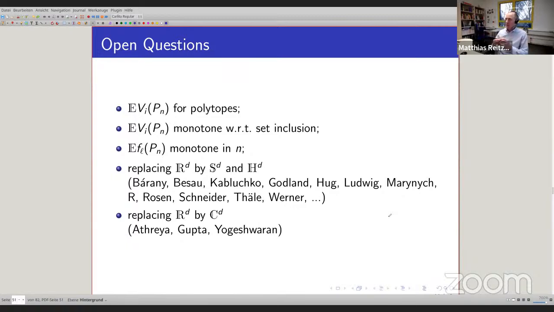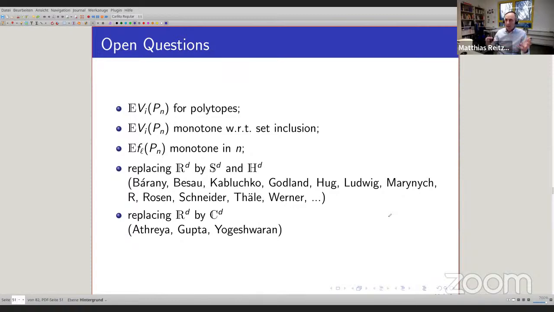And this is somehow also connected to the floating body approach, which in the original question was a Euclidean question. Now people have started to investigate this in the spherical and hyperbolic case, and maybe Elisabeth has said something about that. But this is an interesting question to generalize this to spherical and hyperbolic case.